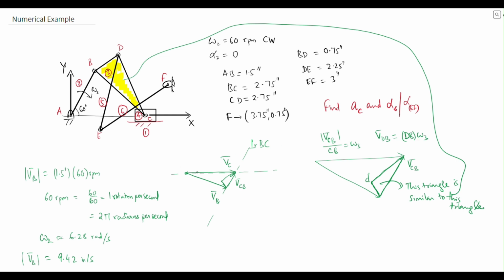Once we know the direction, we can identify in which sense the velocities are moving at this point, specifically here. Then from here, we know the velocity of this point E has to be perpendicular to DE.